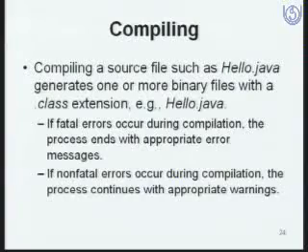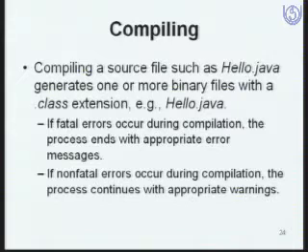Compiling a source code file such as hello.java generates one or more binary files with a .class extension. There can be a number of possibilities after compilation.